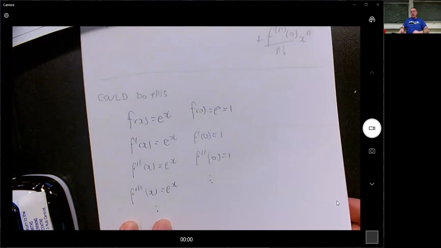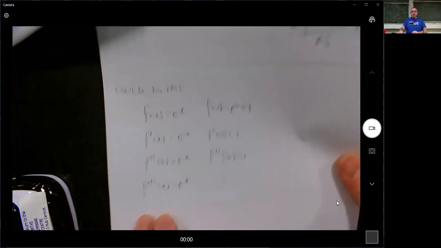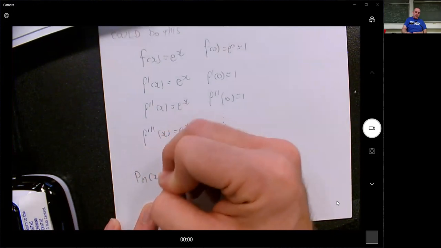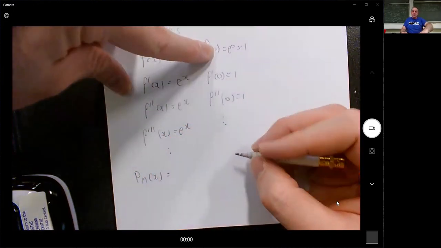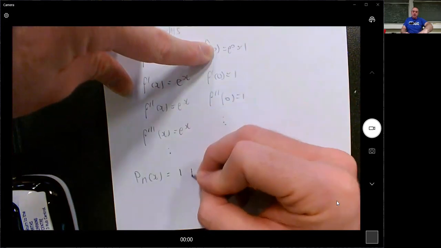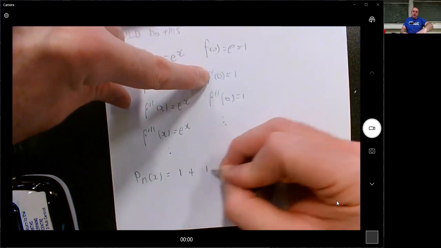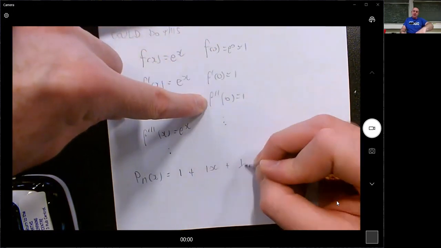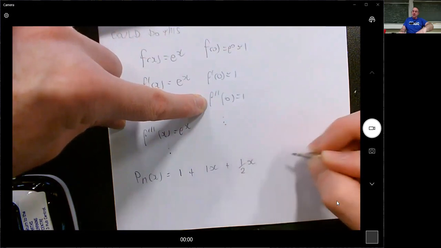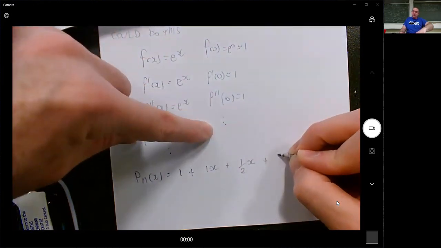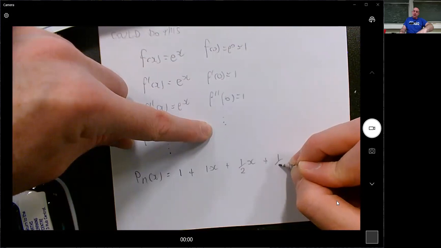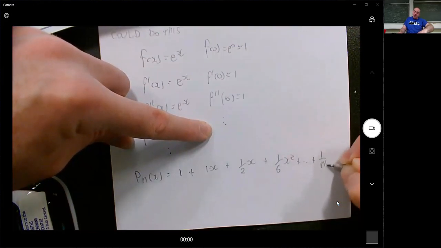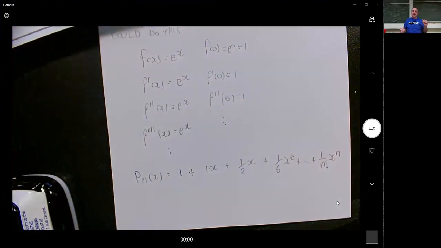And so the polynomial is, we start with f of 0, which is 1, plus f dashed of 0, which is also 1, times x, plus f double dashed of 0, which is also 1, but I have to divide by 2, times x squared, plus f triple dashed of 0, which is also 1, divided by 3 factorial, which is 6, times x cubed, plus, and it will end somewhere here, like that.